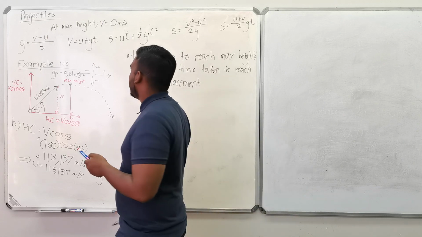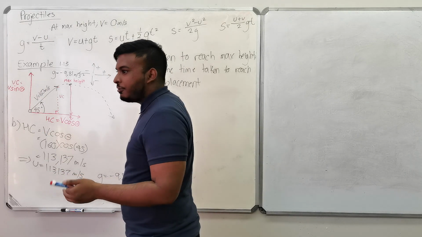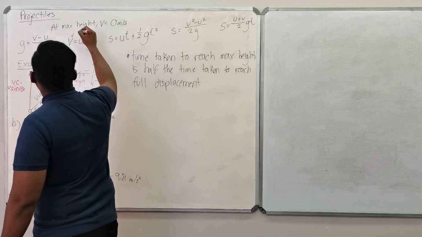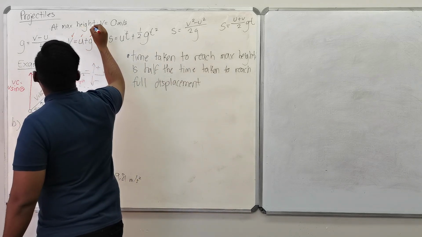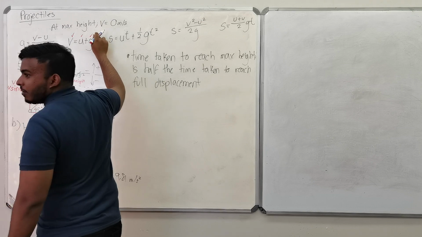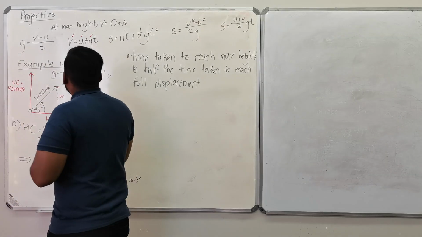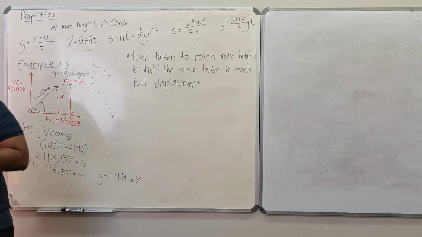In terms of the maximum height stuff, we knew the final velocity, we knew the initial velocity, we knew gravity. We didn't have time, but we can work it out. So let's use that formula.